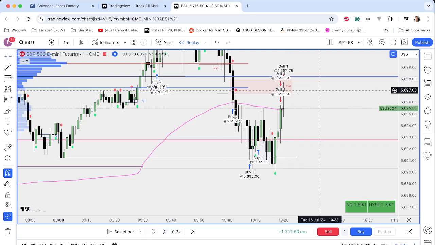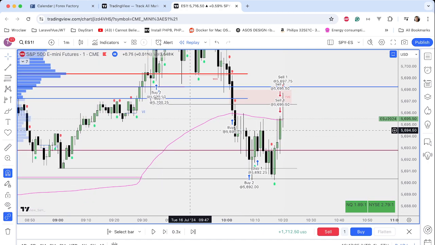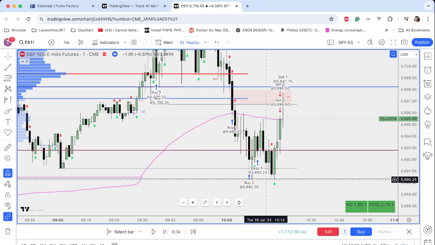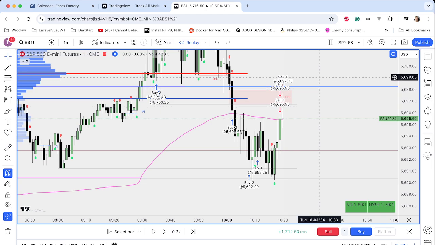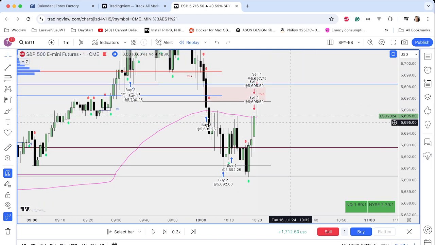So what happened now? We were dropping. We found a little bit of longs covering into this level. A little bit of buying stepped in, and now we gotta push. Are we gonna drop again? I don't know.